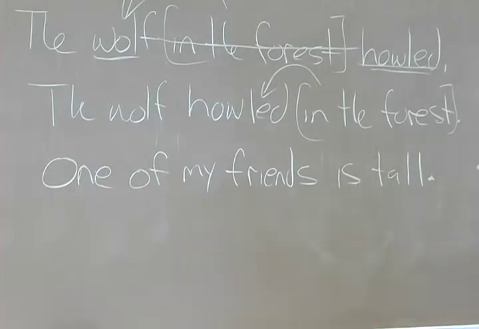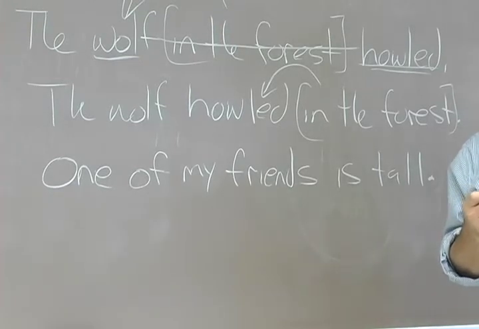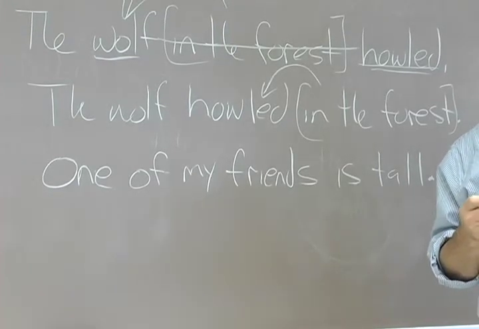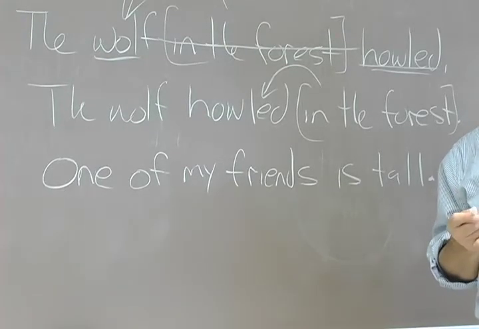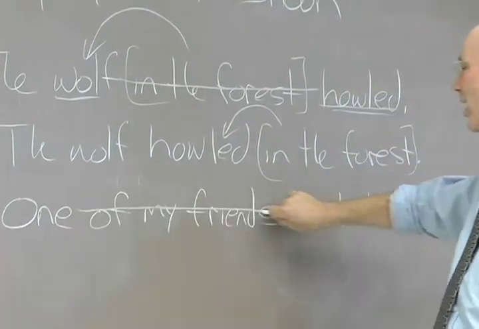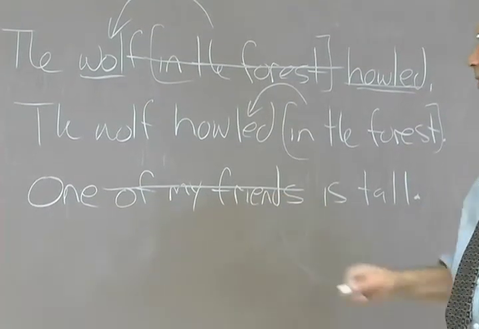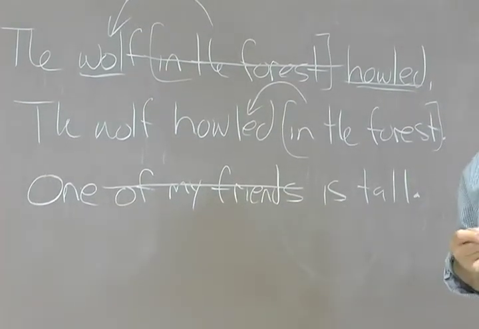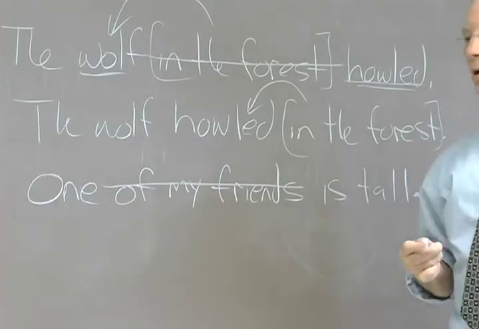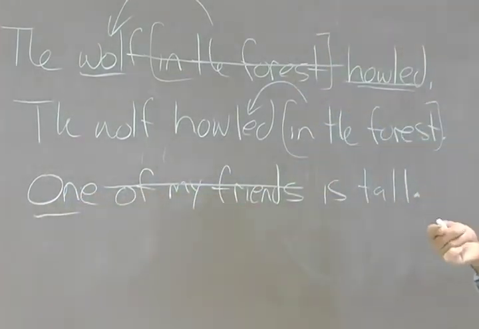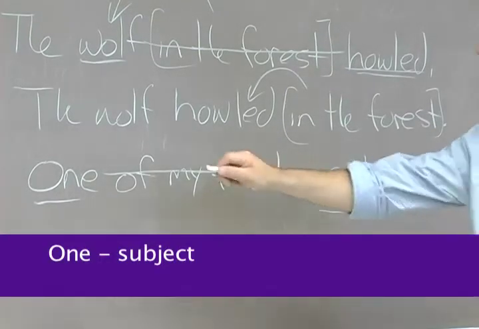On the other hand, knowing and understanding what prepositional phrases do in a sentence, the fact that they have to be either an adjective or an adverb, tells us we can cross out prepositional phrases when we look for the subject. In this case, you can cross out "of my friends," from the preposition to the next noun. That leaves us the stars of the sentence: "one is tall." We wouldn't know one what, but the subject of the sentence, the noun, the core of the subject is "one." The verb is "is." One is tall.